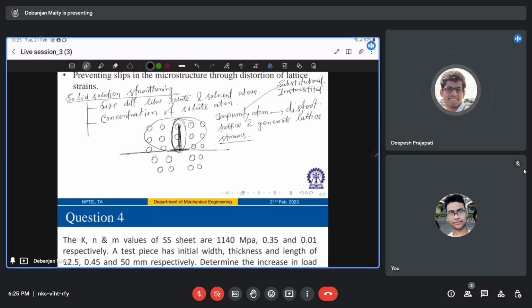So whenever this extra half plane will be there, it will try to push these atoms like this, and for that reason the surrounding regions will feel some compressive stress over there. So the complete region will feel the compressive strain over here, and the vice versa will be here.